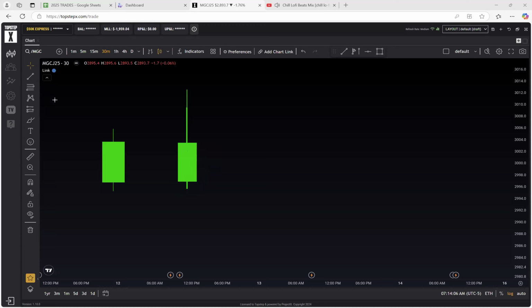And this wick here is bigger, it's larger than the body itself, right? When you see candles like this, with the wick being bigger than the body, that is called an exhaustion wick.